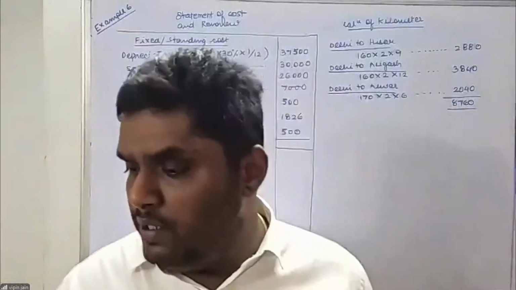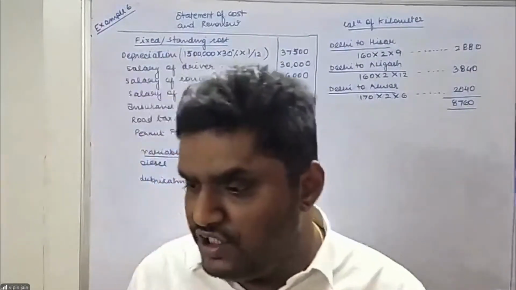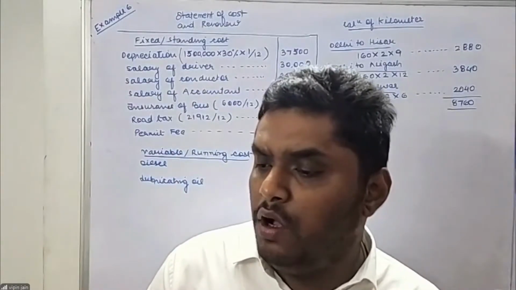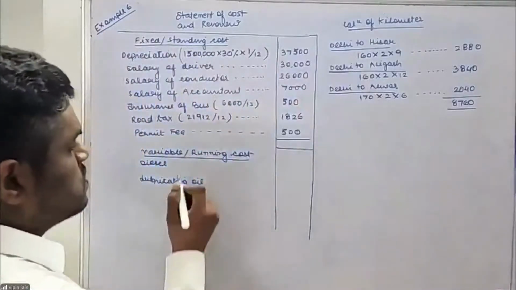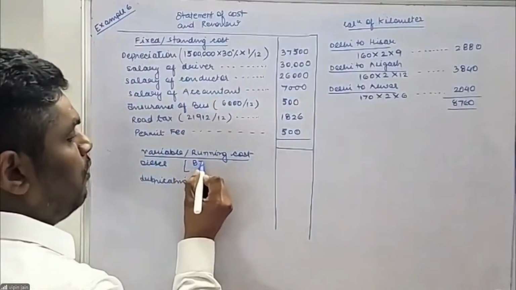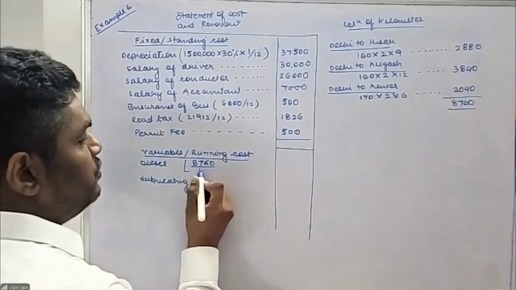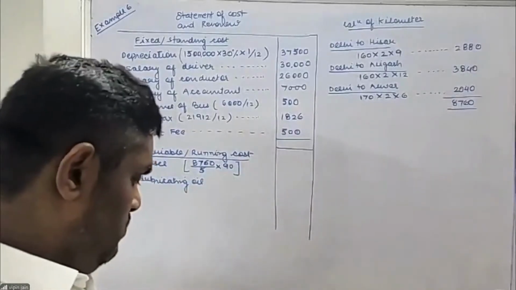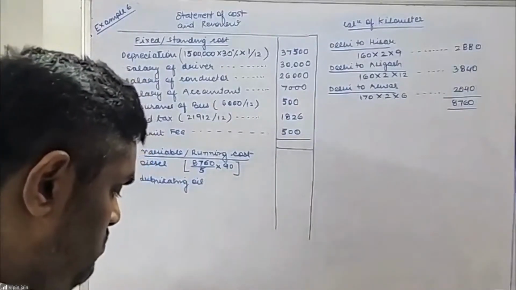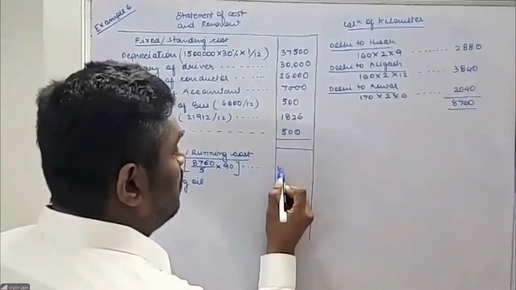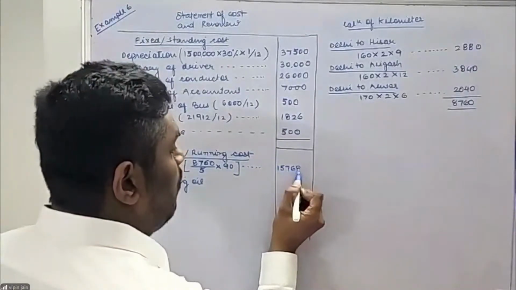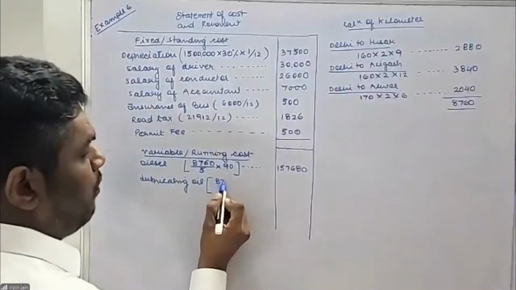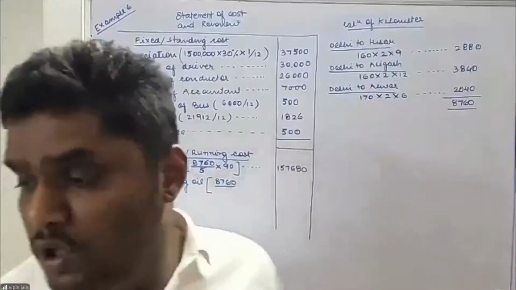So diesel cost will be how much? See, it is given in the question that the diesel consumption is 5 kilometer per liter and the cost of diesel is 90 per liter. So 8760 divided by 5 into 90. Same goes with lubricating oil also.